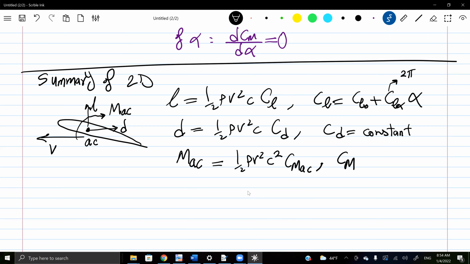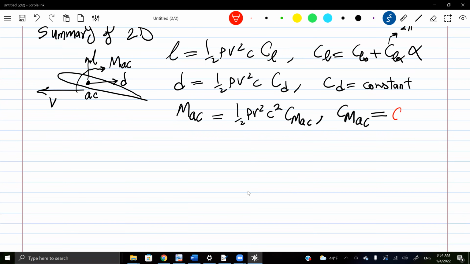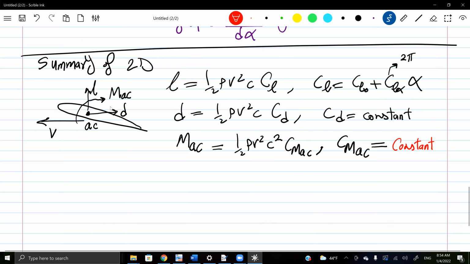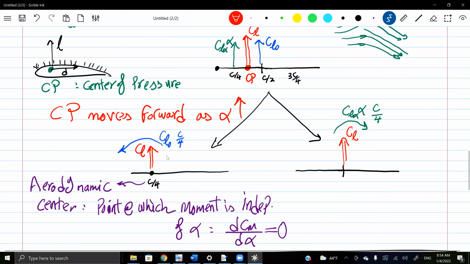And this moment coefficient is what? A constant, exactly. And it's typically a negative constant, as we have seen, because it's pitching down, as you see from this picture. It's exactly equal to CL naught times c over 4, but it doesn't matter. We just say it's a constant, and again, it's tabulated for every airfoil.